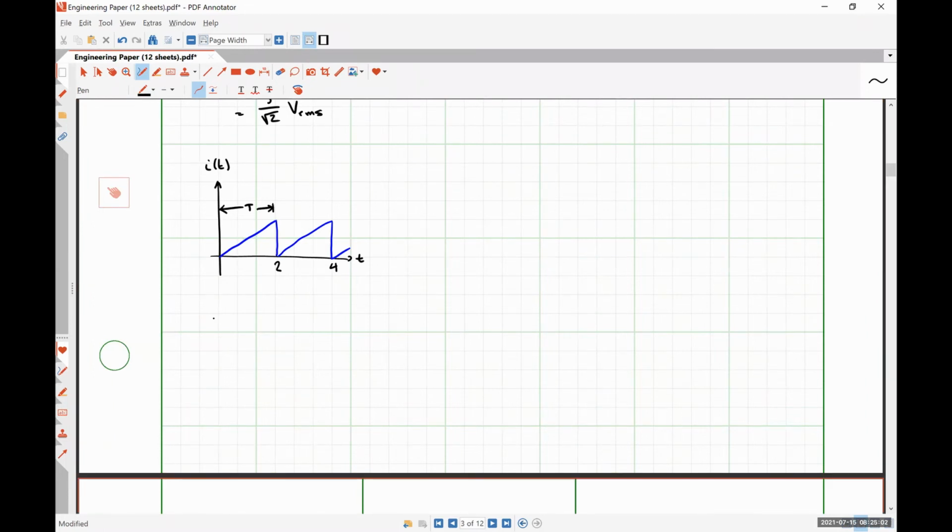Our effective current would be 1/2 seconds times the integral from 0 to 2 seconds. So how would we mathematically describe this wave? Oh, I guess I need to give you a maximum value, so let's call this 10 amps.